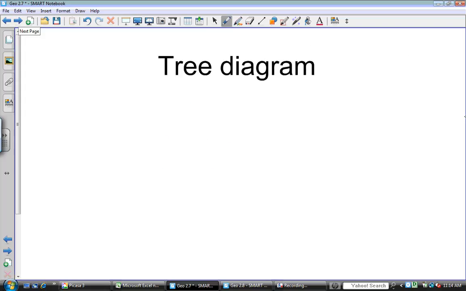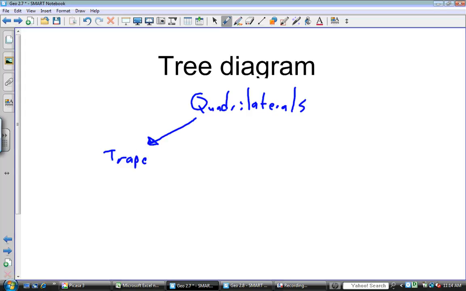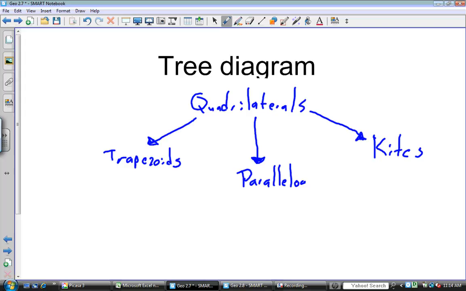So if we make a tree diagram for quadrilaterals, quadrilaterals can branch off into some different categories. First thing we learned about was trapezoids. Then we also learned about kites. And parallelograms. Now, all three of these are completely different.